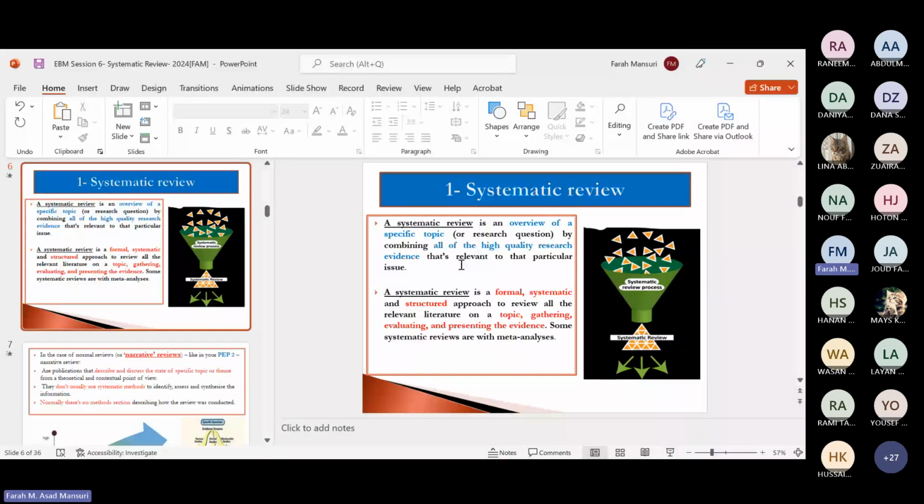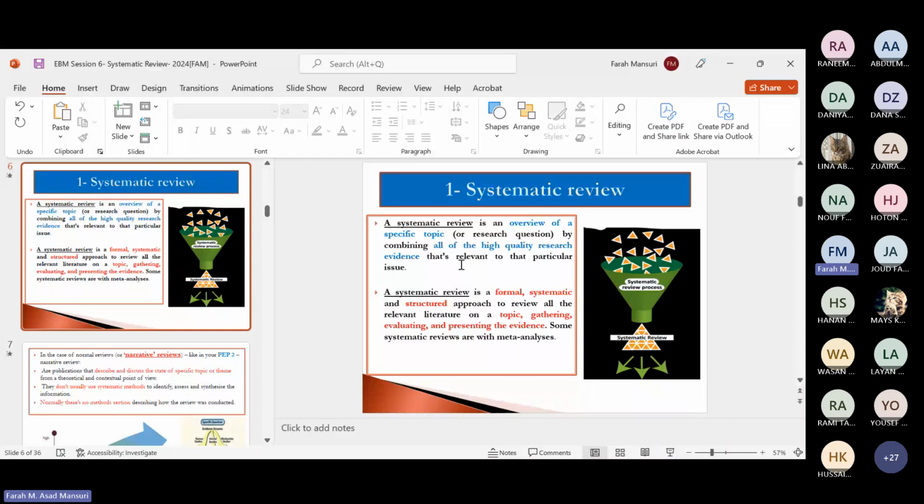So clinical practice was not deciding where to go, whether to prescribe hormones for these post-menopausal women or not, because harms were reported more in some of the randomized control trials, and in others, benefits were reported more. So there was a need to carry out this systematic review.